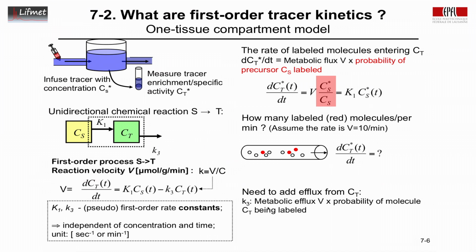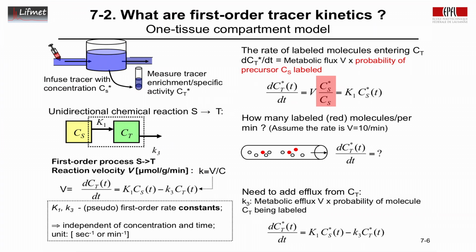Now what is the percentage of red molecules that are leaving this pool? It's equal to the metabolic flux times the probability of this molecule being labeled. So it's the flux, times this term here, CT star over CT. And so by taking this plus this applied to this pool, we now obtain the efflux term, and that's minus K3 times the tissue activity of the tissue pool as a function of time.